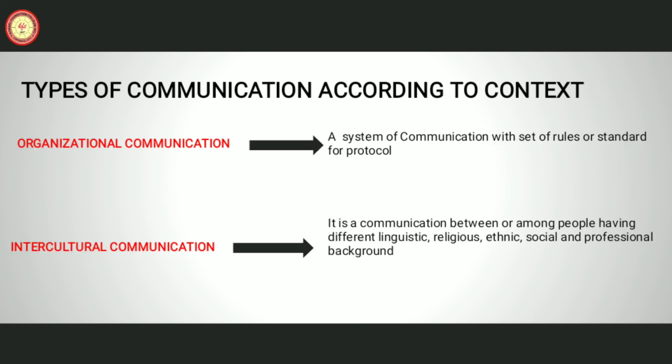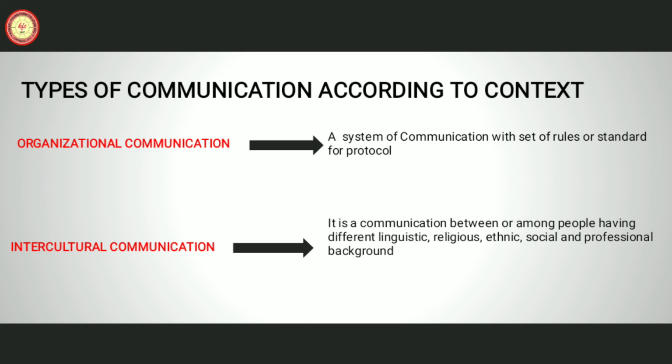Another type of communication according to context is organizational communication. So organizational communication is a system of communication with a set of rules or standard protocols. So organizations comprise individuals who work for a company. So when you graduate, for example, you become a professional, either working in a company or putting up your own business.